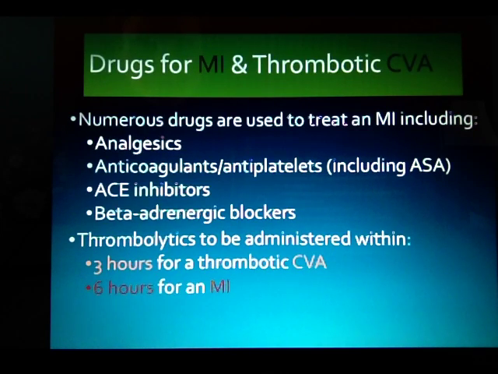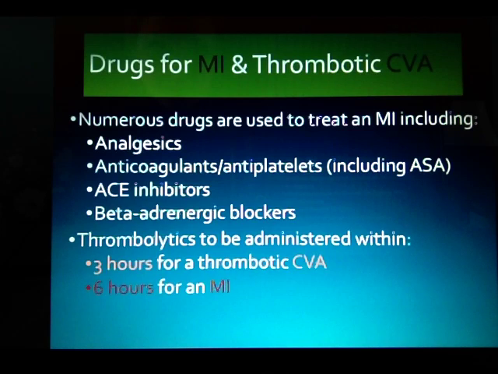They need to be administered within a certain time frame in order to save that tissue that is dying away. They should be administered within 3 hours for a thrombotic stroke and within 6 hours for an MI. So if you think about it, the heart and the brain are vital organs in our body, but the brain will trump the heart in terms of which is more vital.